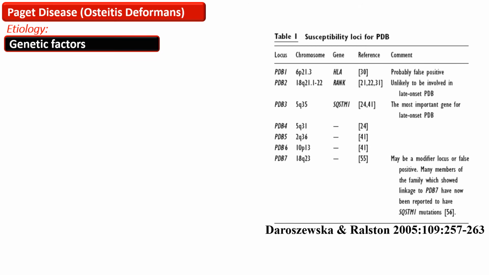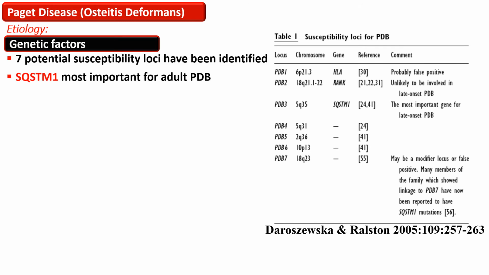Now, regarding genetic factors, 7 susceptible loci have been identified for the development of Paget's disease of the bone.